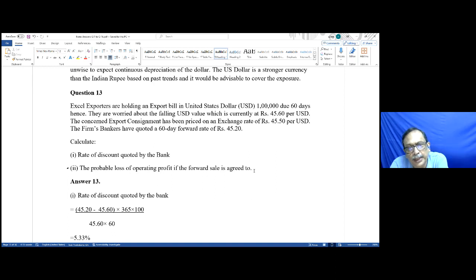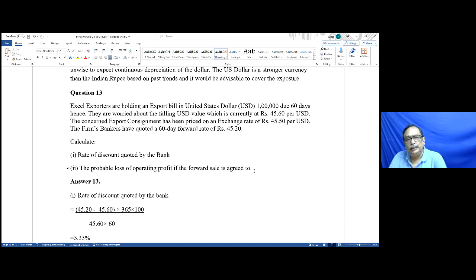The concerned export consignment has been priced on an exchange rate of rupees 45.50 per USD. The firm's bankers have quoted a 60-day forward rate of rupees 45.20.